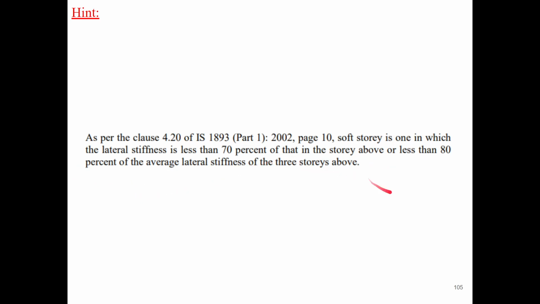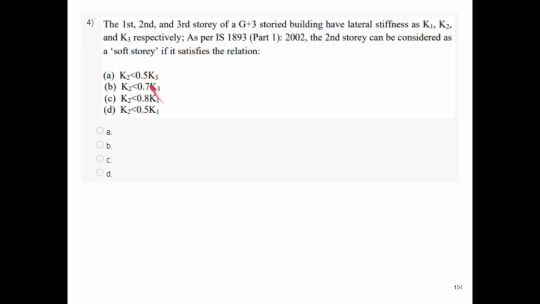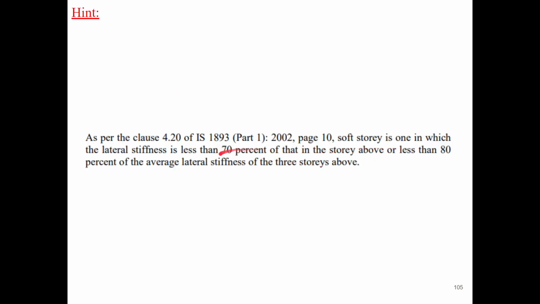Here the average is not given, only one story is given, so we have to consider the 70% value.